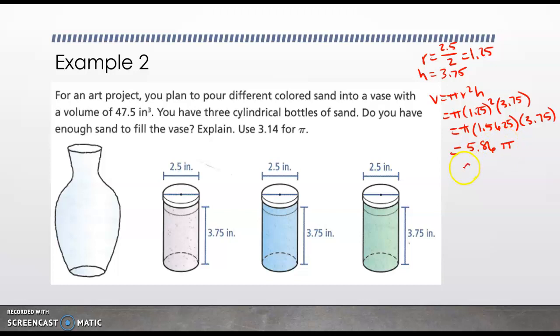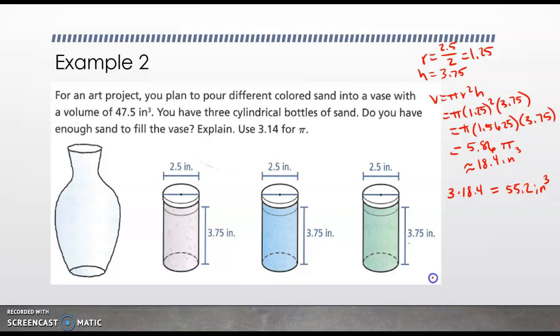And then from here we get approximately 18.4 inches cubed. So that's one of them. We have three of them. So we're going to take 3 times 18.4, which is equal to 55.2. So that's 55.2 inches cubed.